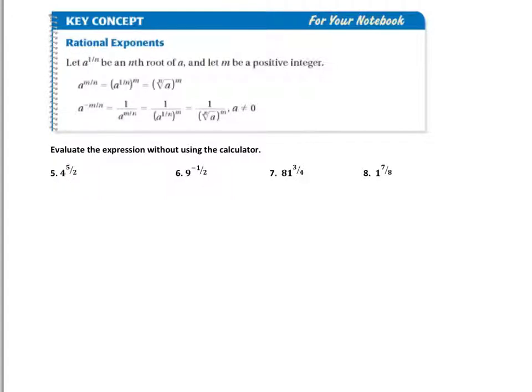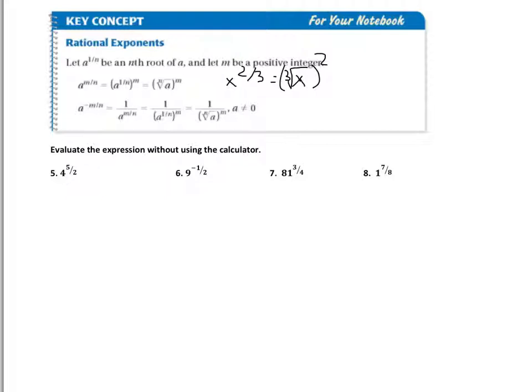Evaluate the expression without using a calculator. So look up here. A to the m divided by n is a to the 1 divided by n to the m, or the nth root of a to the m. So if you just look at something like x to the 2/3, that would be the cube root of x squared.